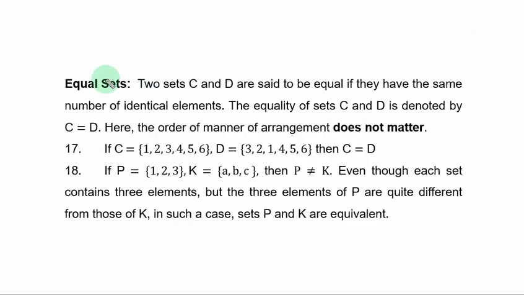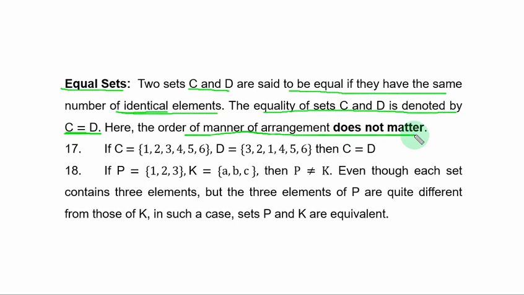We have the equal sets. Two sets, C and D, are said to be equal if they have the same number of identical elements. The key word here is identical. The equality of sets C and D is denoted by this: C equals D. Here, the order or manner of arrangement does not matter.